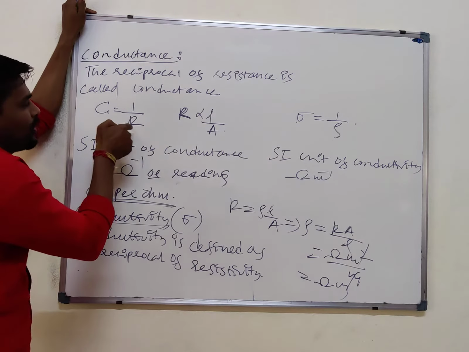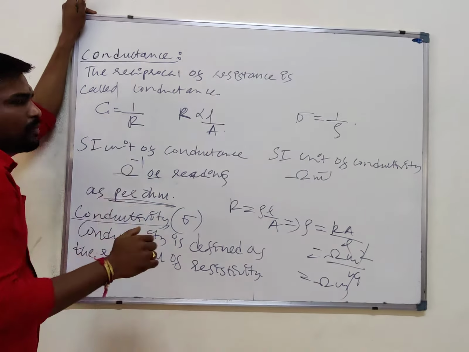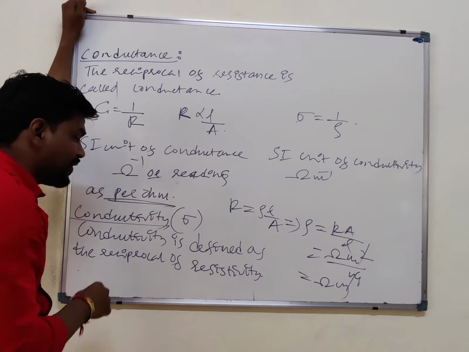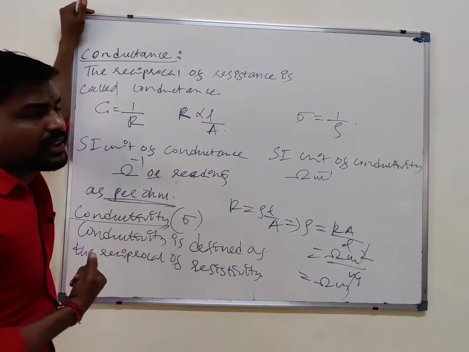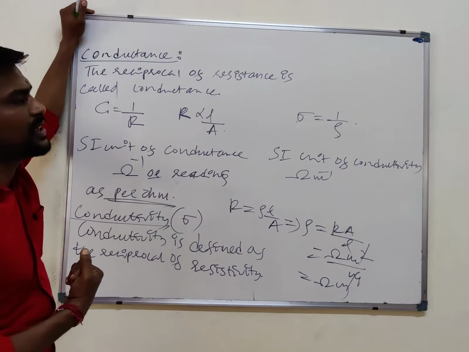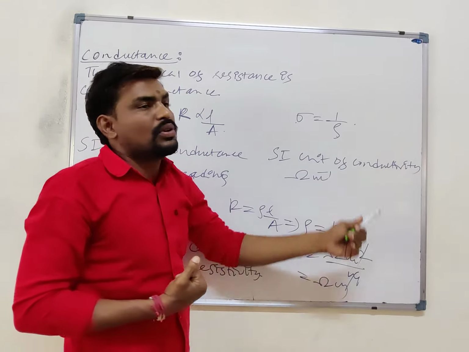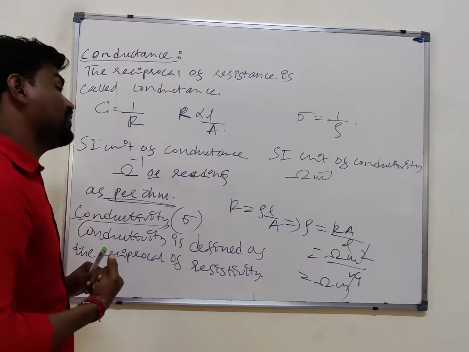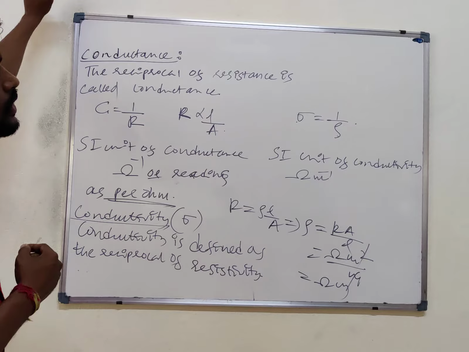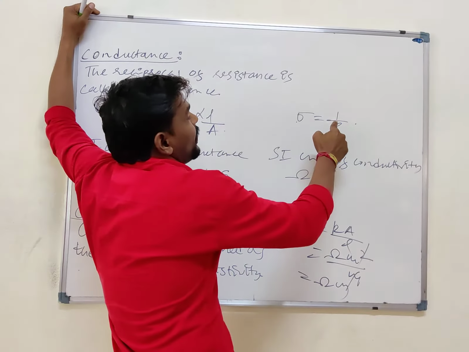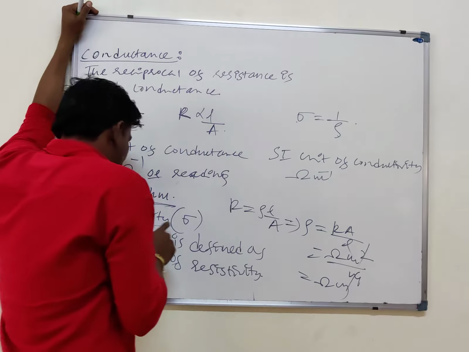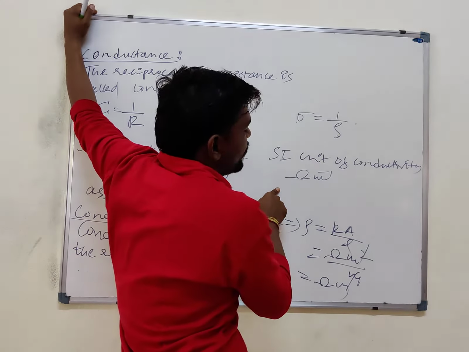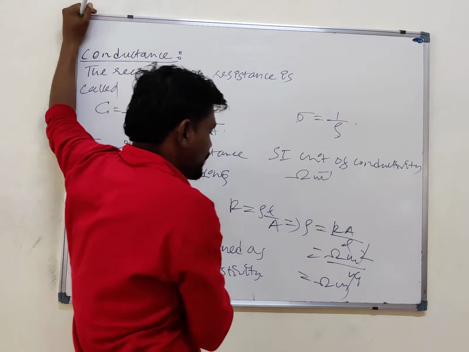Conductivity is defined as the reciprocal of resistivity, and the SI unit of conductivity is per ohm meter.